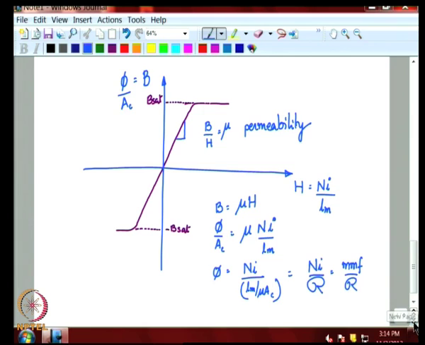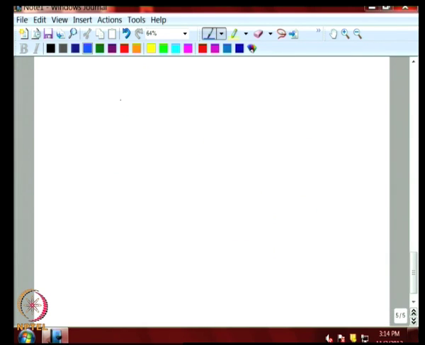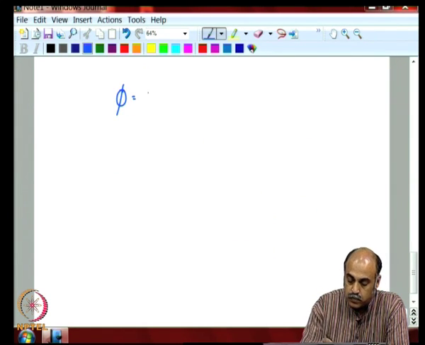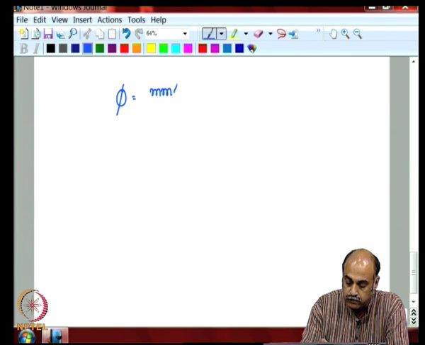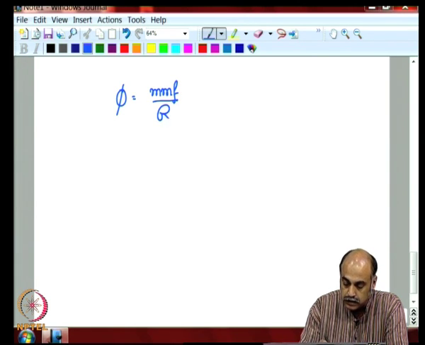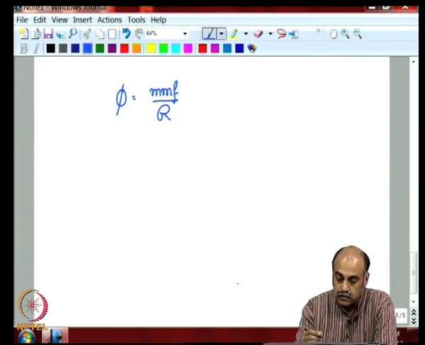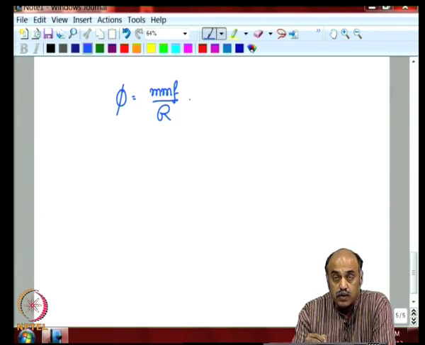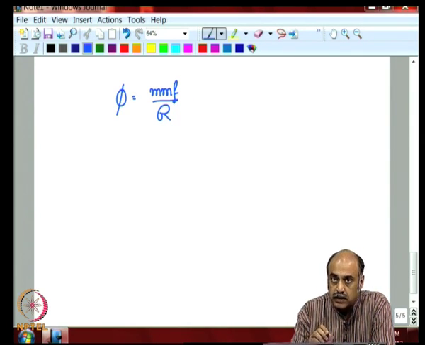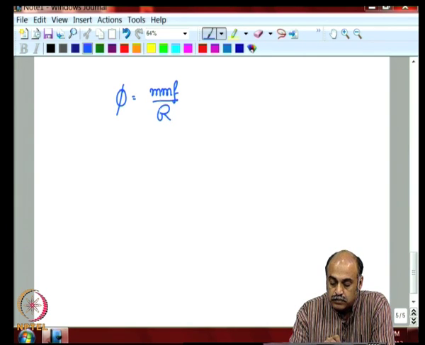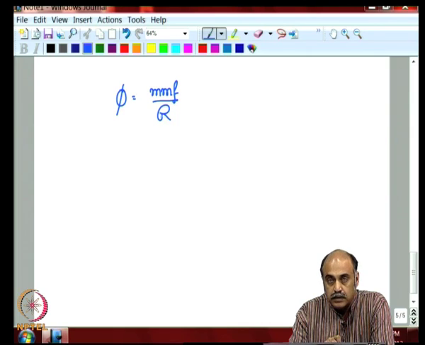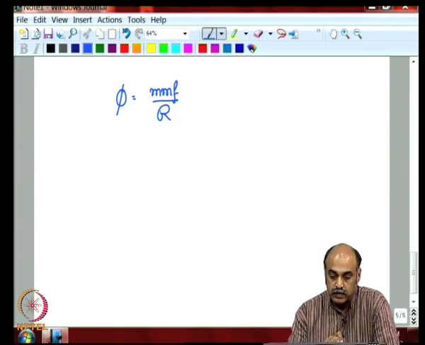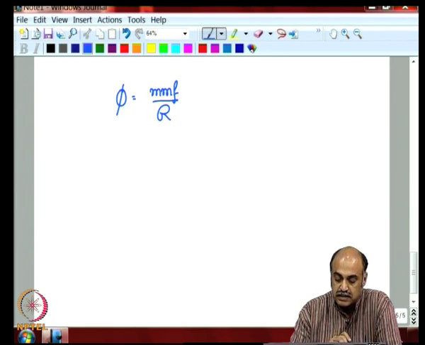This is one very important relationship, flux is equal to MMF by reluctance, and in the literature many times it is called the Ohm's law of the magnetic circuit. However, remember that in this Ohm's law, this R is not the dissipative resistance.